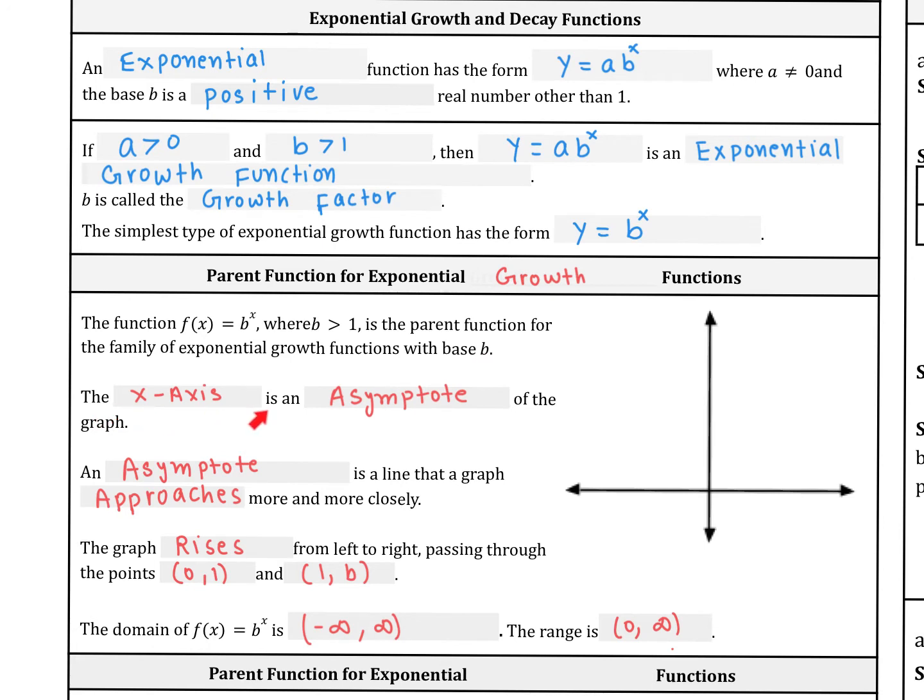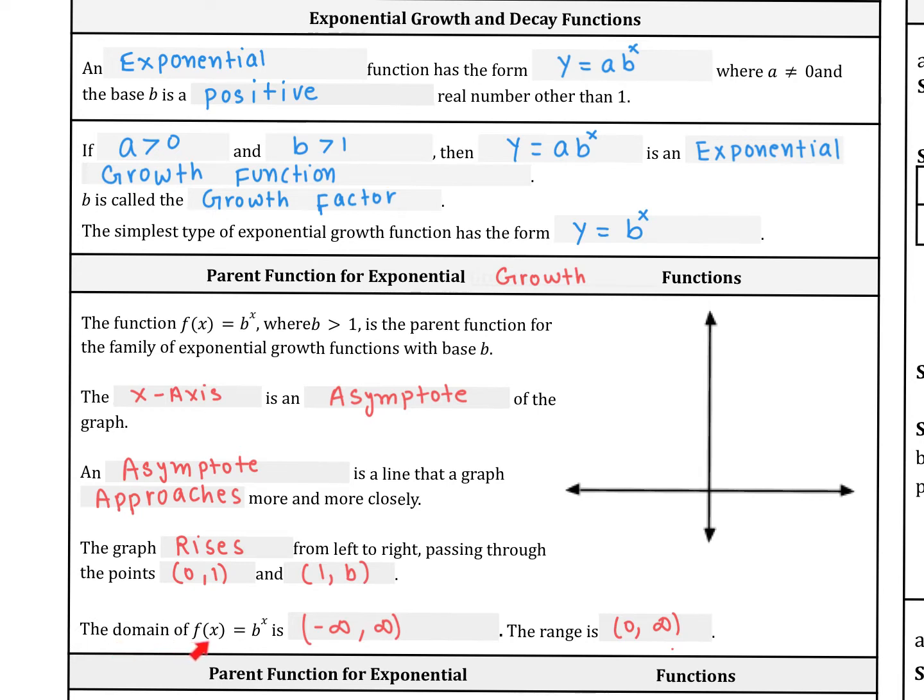The x-axis is an asymptote of the graph. An asymptote is a line that a graph approaches more and more closely. The graph rises from left to right, passing through the points 0, 1 and 1, b.